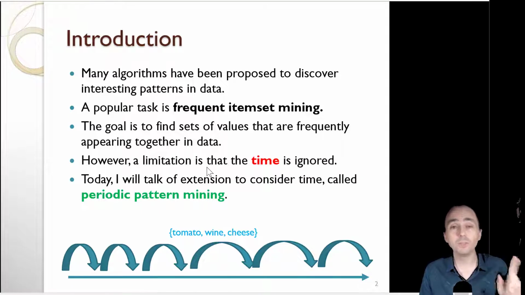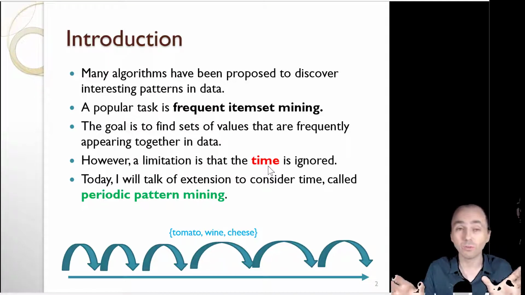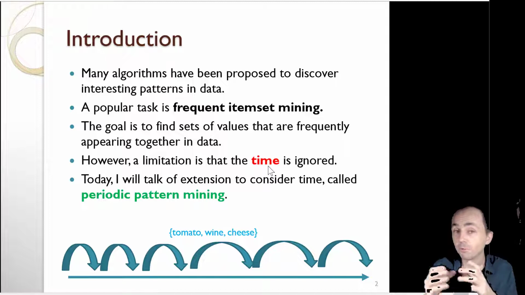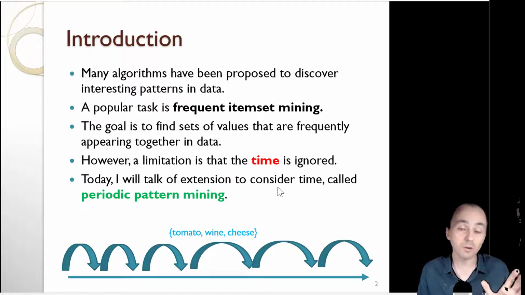But one limitation I want to talk about today is that it does not consider the time, but the time is important. Because the behavior of the customers maybe can change over time. Okay. And also, we can find some regularities over time. Something might appear again, and so on. Okay. So the time is very important.